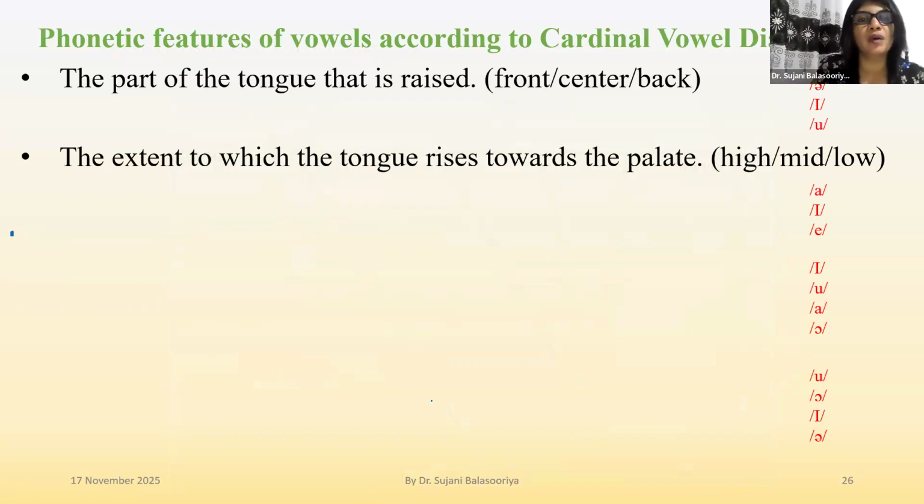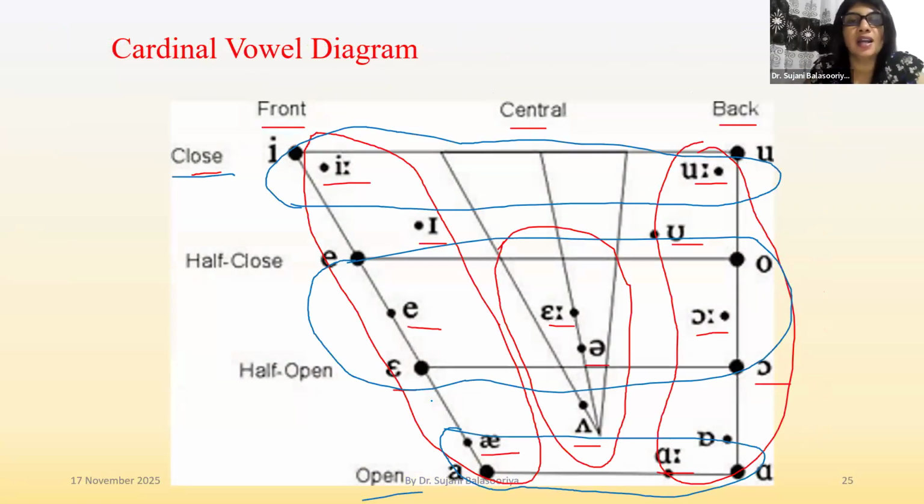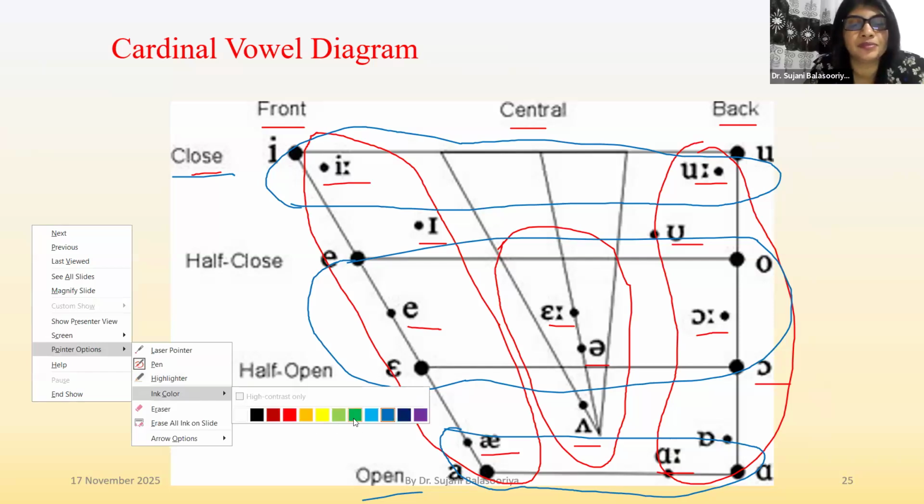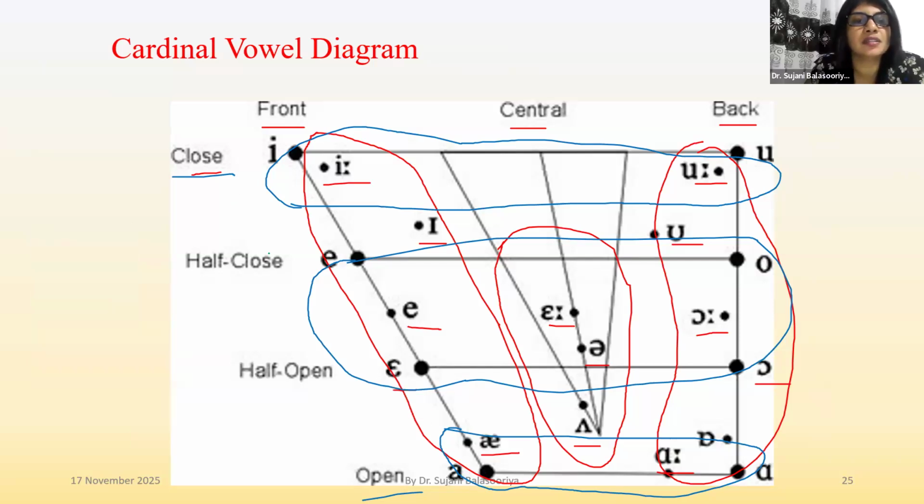So where do you find round and spread vowels in the cardinal vowel diagram? Go to another column. In this, these vowels actually, O. These vowels are lips round vowels, right?